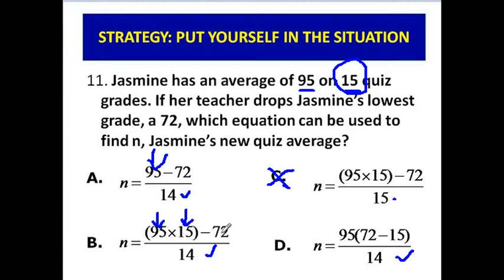Now we can subtract the 72, which gives us our sum for 14 quizzes, and then divide by 14. So I know it's not D, I know it's not A, it looks like the answer here is B. And this is called put yourself in the situation, because I had to talk myself through, see myself actually calculating the average on 15, and what it would take to then drop one and recalculate an average for 14. So, we'll see you in the next video.